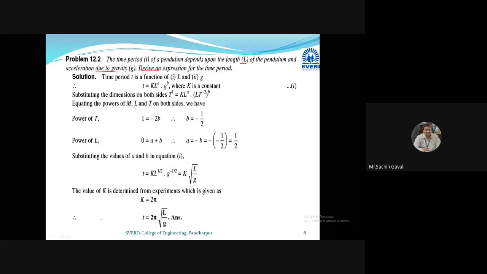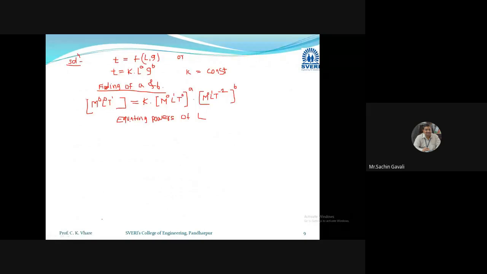So we are using that point. Equating powers of L, since all the equations are dimensionally homogeneous, the powers of M on the RHS should be equal to the powers of M on the LHS. So who will tell now?